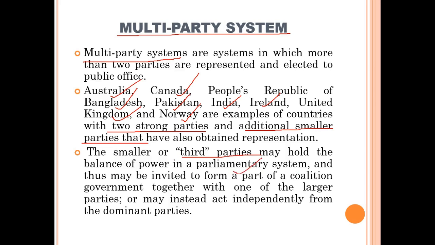USA has a presidential system. So we may see a coalition sometimes when no party gets a majority in the parliament, and a coalition government might be formed. The two larger coalitions we find in India are UPA and NDA.